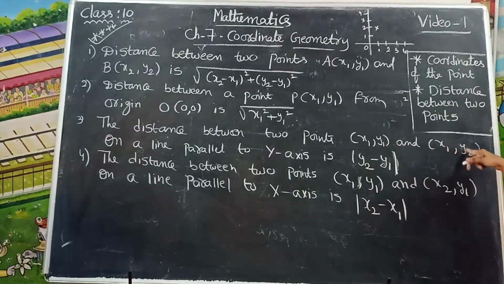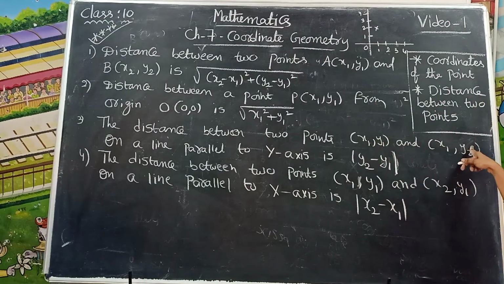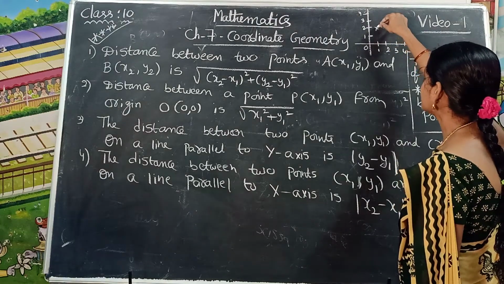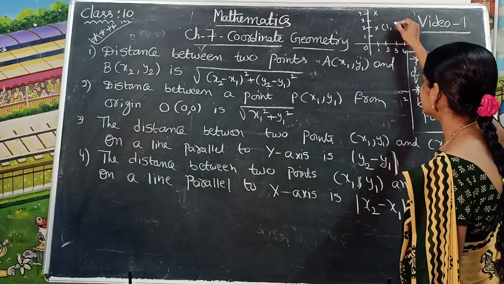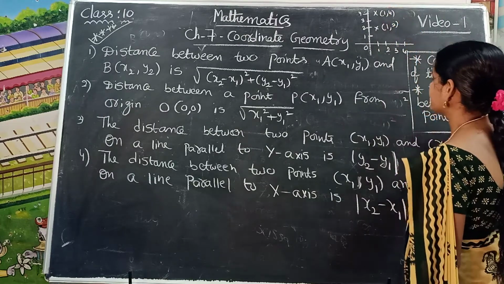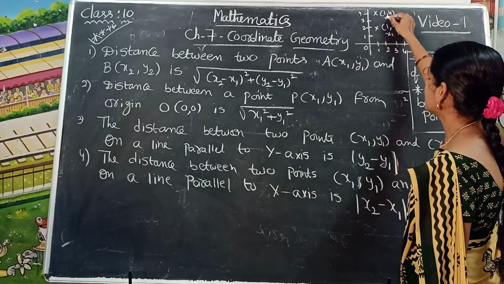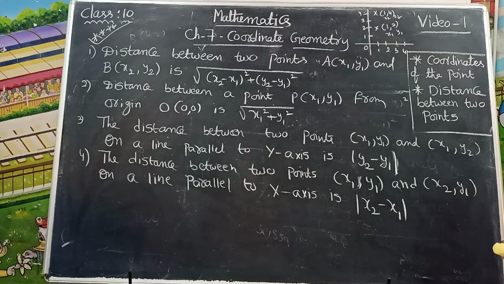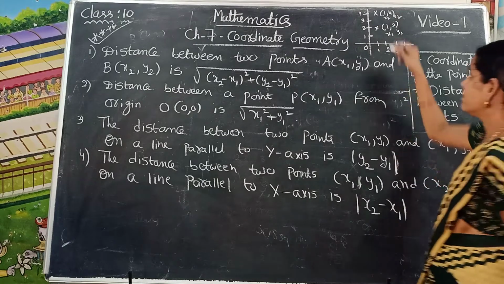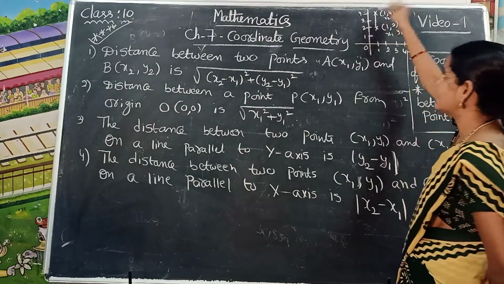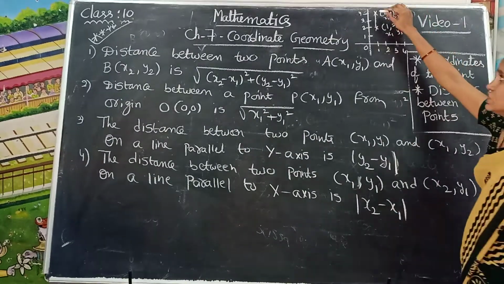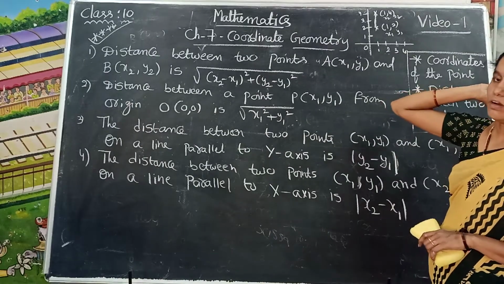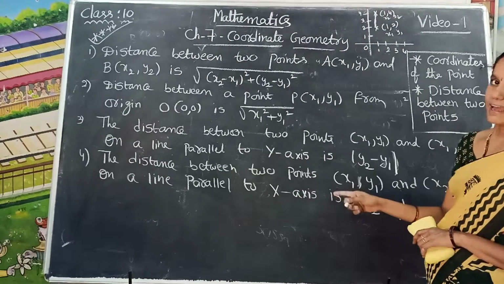The x coordinates are the same, so 1 comma 2, and now I will take 1 comma 4. What do you observe here? The x coordinates are the same. Whenever the x coordinates are the same, if you join the two points, you get a line which is parallel to the y-axis. That's why it is given as parallel to the y-axis.